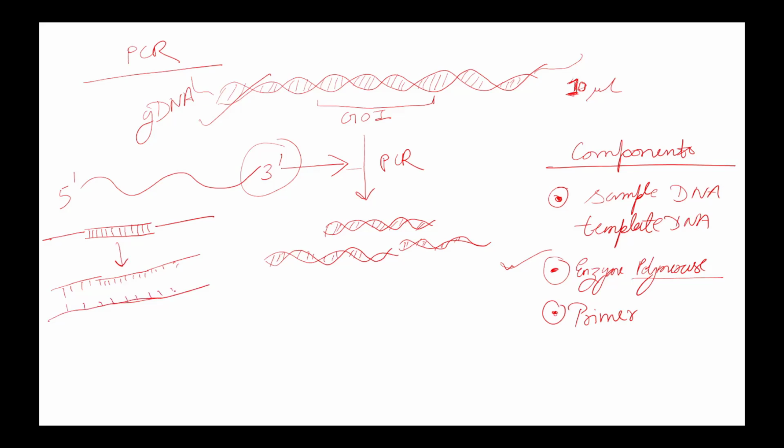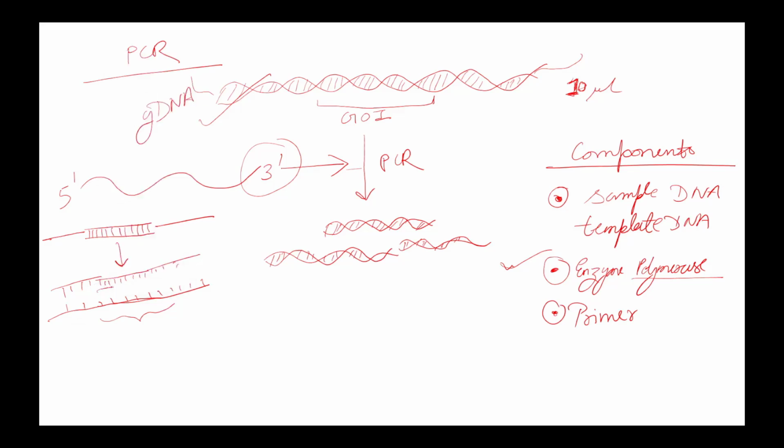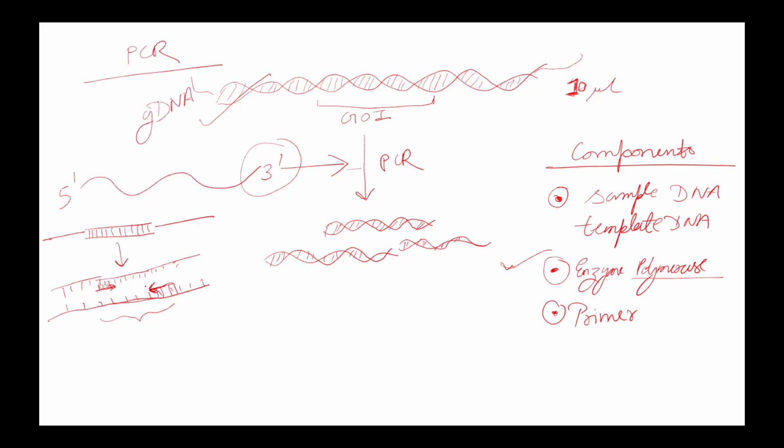So the two DNA strands get separated, and you want to amplify this particular segment, so you have to provide the primer pair which will bind to each of these strands. This primer will bind to your template strand and here the free 3' end will be provided.